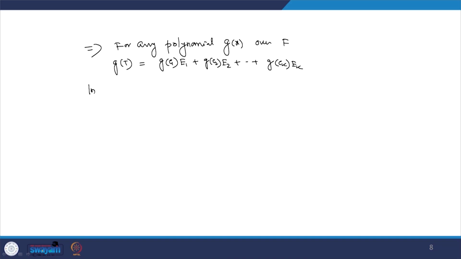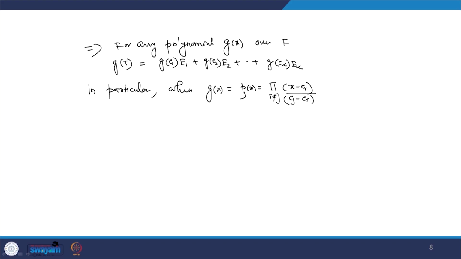So, in particular, when the polynomial g(x) is a Lagrange interpolation polynomial, say Pj(x), which is equal to the product of (x minus Ci), i not equal to j, divided by (Cj minus Ci).